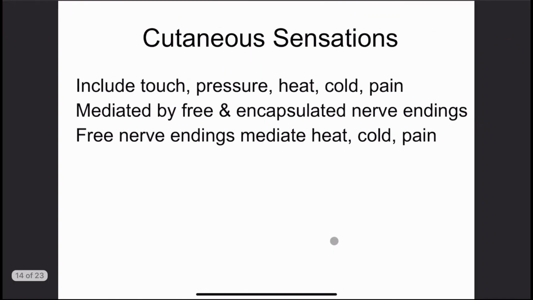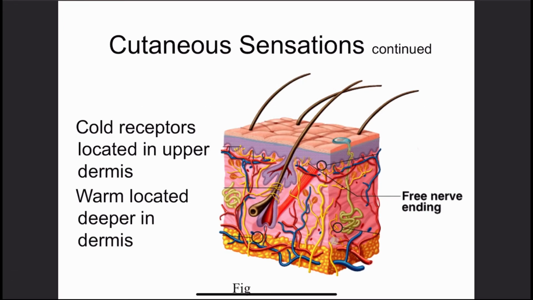Okay, on to cutaneous sensations. So cutaneous sensations are going to be near the epithelium. So they include touch, pressure, heat, cold, pain, stretch. One interesting thing about cutaneous sensations is that cold receptors are actually located more superficially than warm ones.